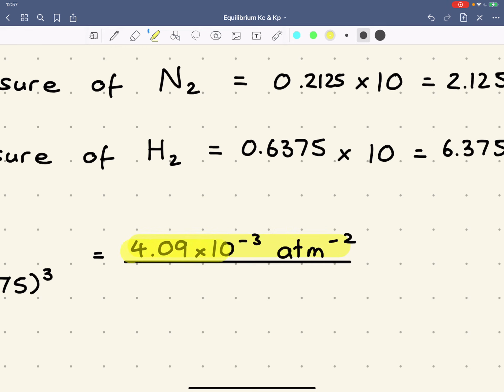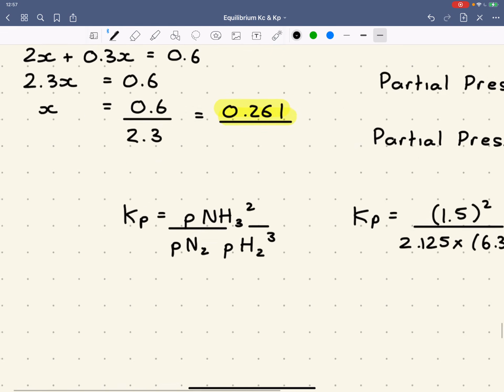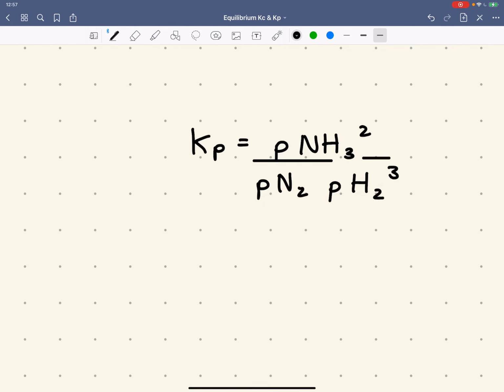Now, that is the step-by-step method of how you do this. There is actually a simpler way to do this, which I'll tell you now. You'll get the same answer. You've been told that the mole fraction of ammonia is equal to 0.15, and you know that the mole fractions should all add up to 1.